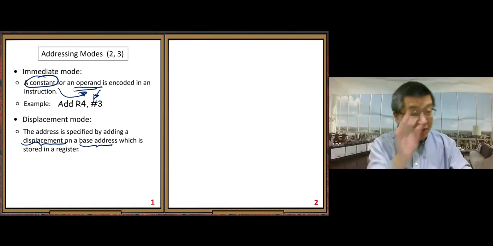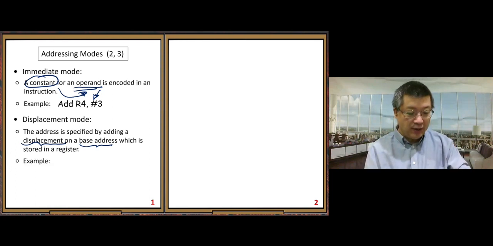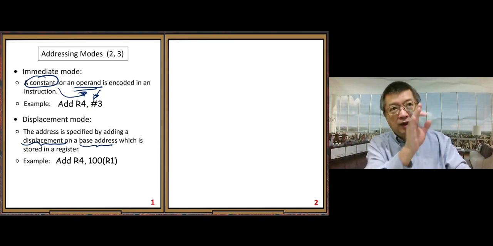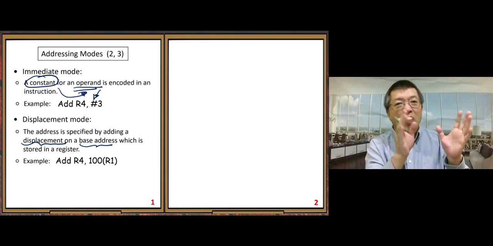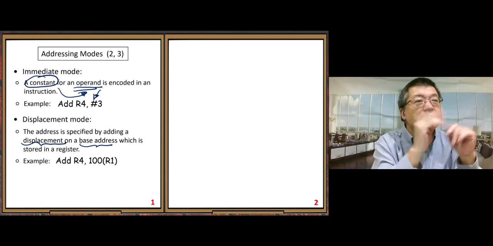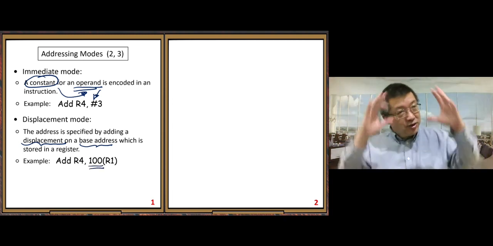Let me use one example to explain this addressing mode. The example is: add R4, comma, then 100. This 100 is the displacement. Then parenthesis.